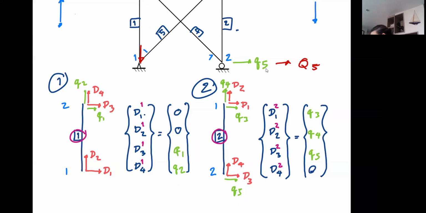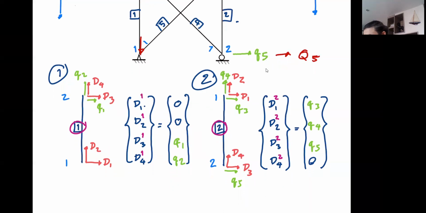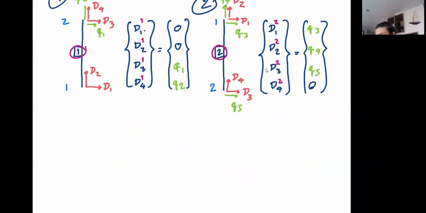Okay, so it's in similar fashion, I think we can carry on and do it for all the members. Let's say for member number 3. The local system, this is the node 1, 2.